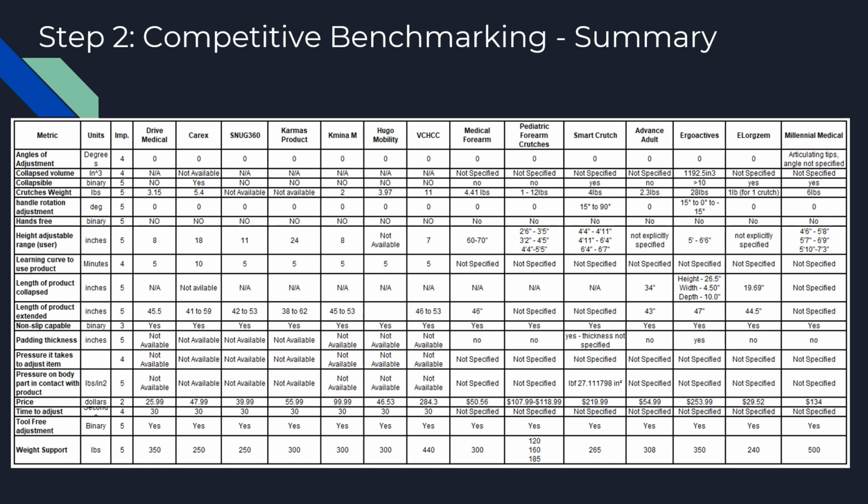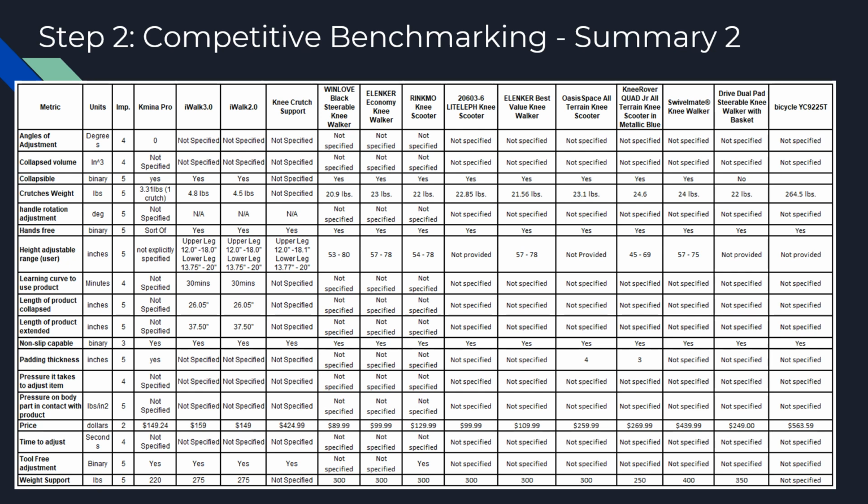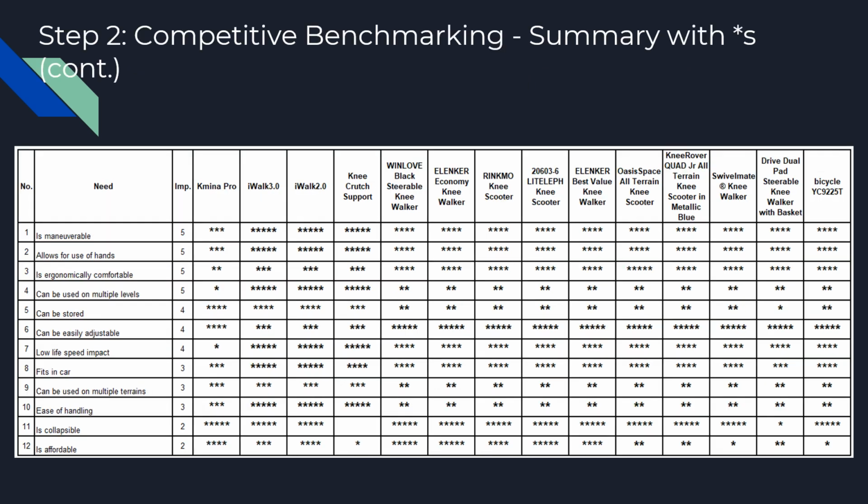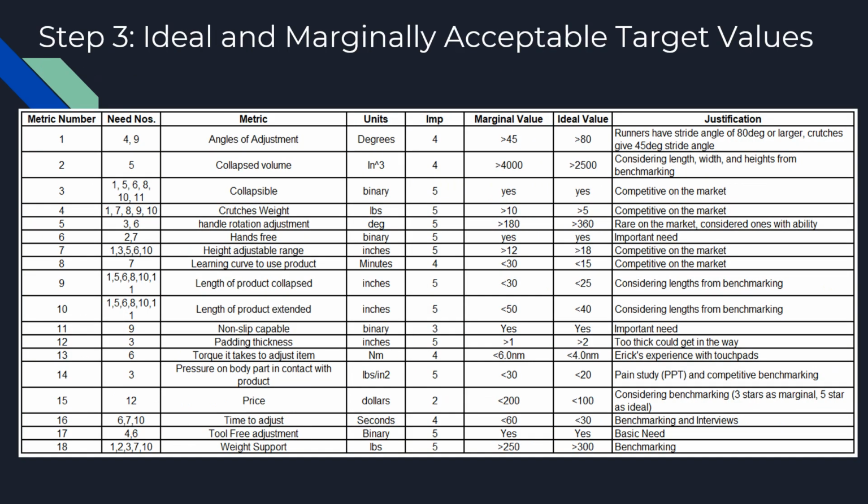We generated a competitive benchmarking summary of all the devices we evaluated. We then rated them using a star scale to look for the high achievers, which allowed us to generate marginal and ideal values for our potential concept, making sure we had justification for each item.